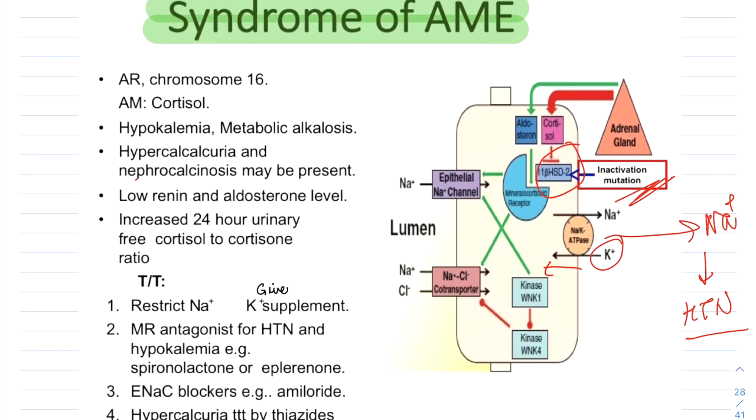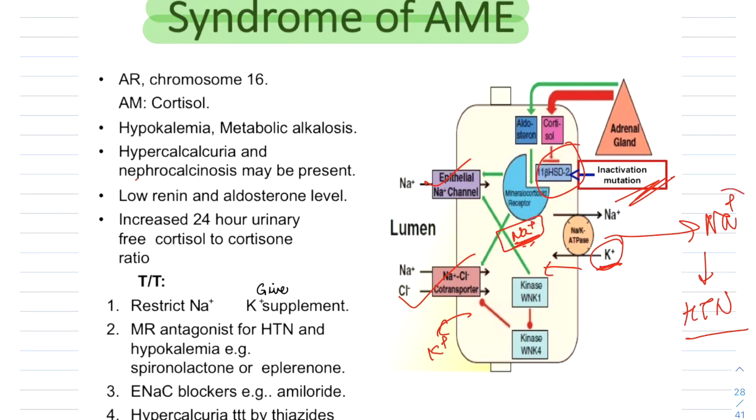Now, coming back to the syndrome of apparent mineralocorticoid excess, the mineralocorticoid action of the cortisol leads to excess sodium reabsorption through the epithelial sodium channels and the sodium chloride cotransporter, thus causing the entry of sodium from the lumen into the distal renal tubule cell, and this sodium is exchanged with potassium, which is thrown out into the lumen.